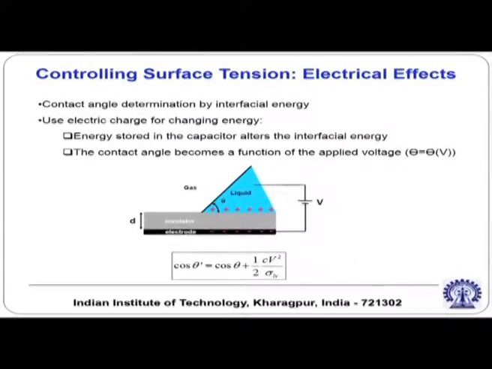Now you can see that in this figure we apply a voltage across the electrode and the droplet. How is that possible? Sometimes you can sandwich the droplet between two surfaces, and on the top surface you can have a coated ground electrode, like an ITO coated electrode, for example.